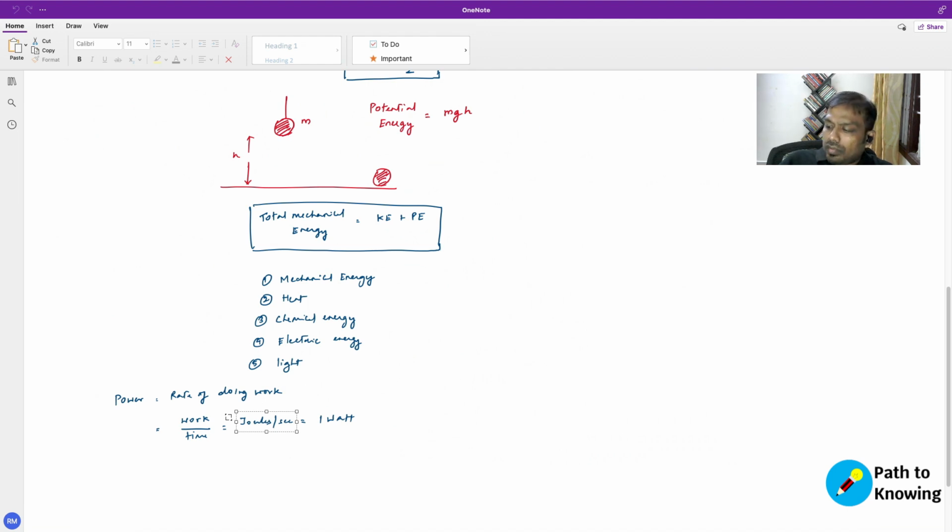So I think we have covered all the three ideas of work, energy, and power, and we saw that the unit for energy and work is joules, and power is always measured in watts.